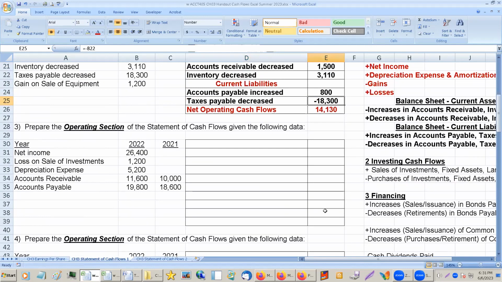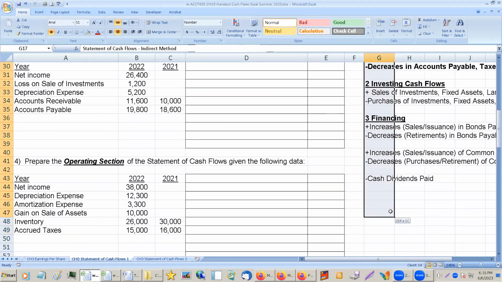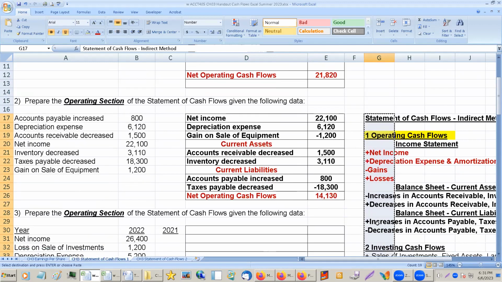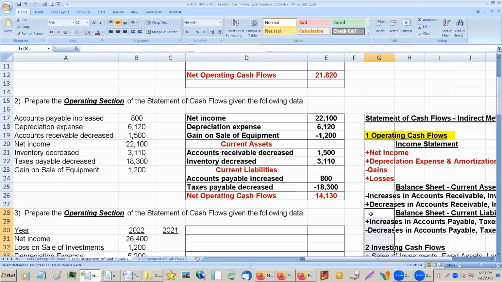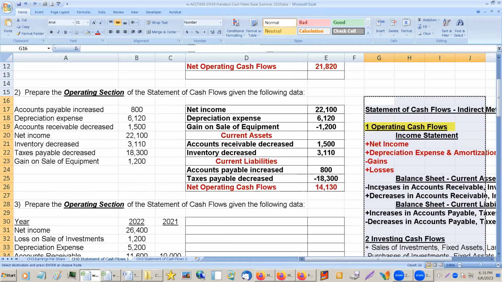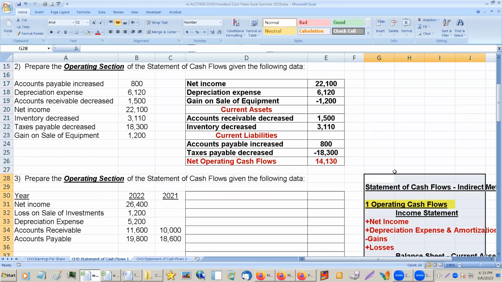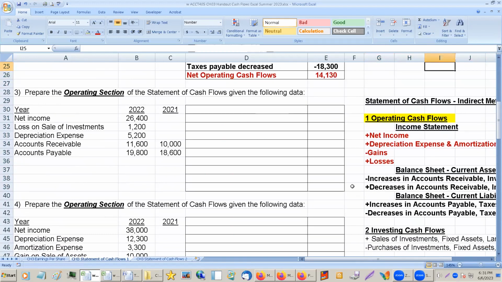These next two are exactly the same thing, but we have to figure out whether they're increasing or decreasing.